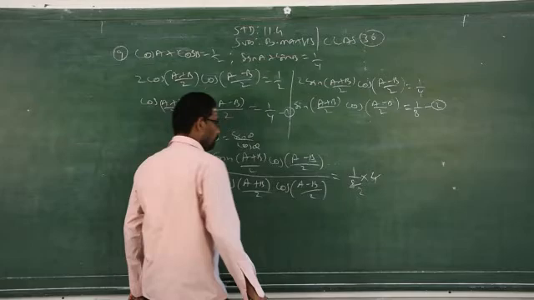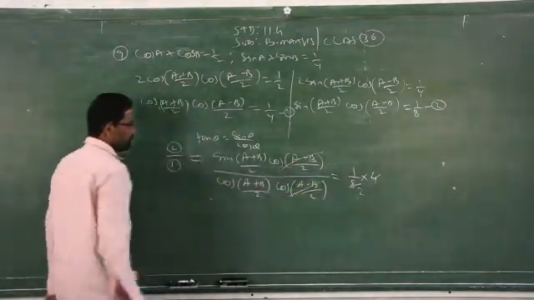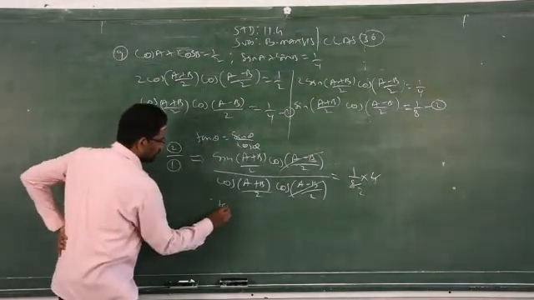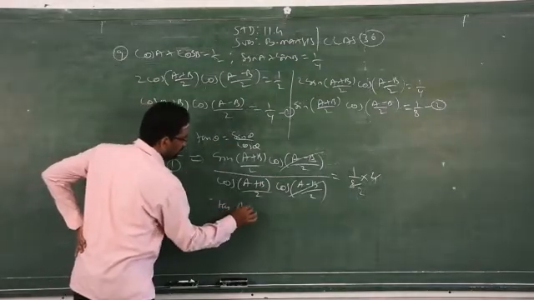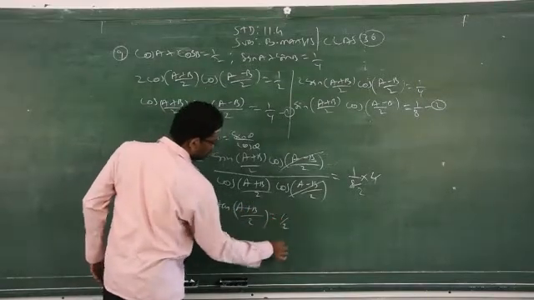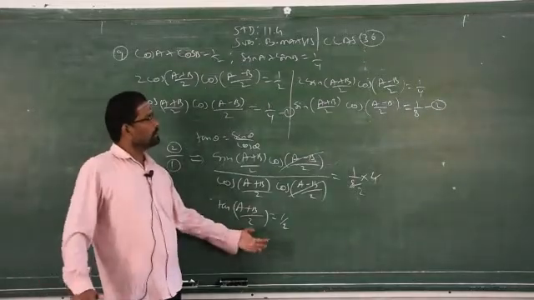So you will get 1 by 2. Straight away you can cancel these two. So what is the remainder? Sin by cos. Sin by cos is what? Tan. So tan (A plus B) by 2 is equal to 1 by 2. So that's what we wanted to prove. Hence the proof is over.